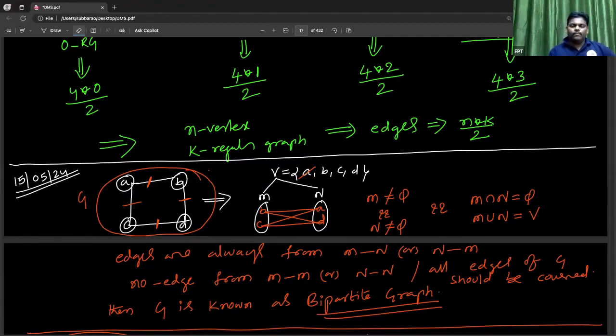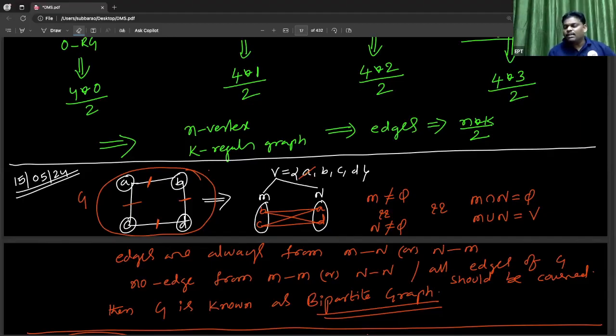Anyone having any doubt? So can we simply say, if no cycle, then it is also bipartite? Of course. See, no cycle means simply odd length cycle not there.